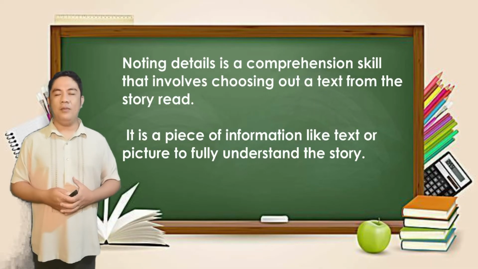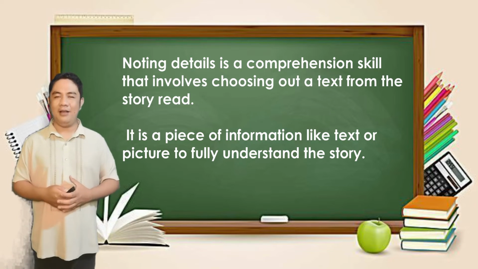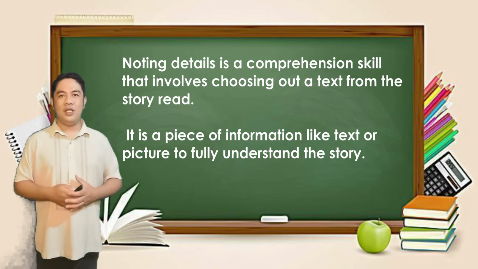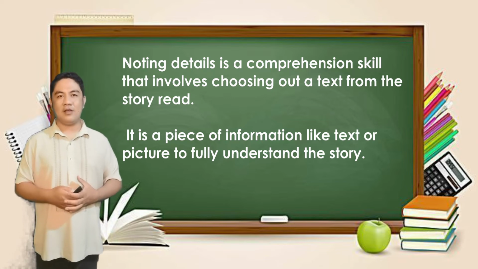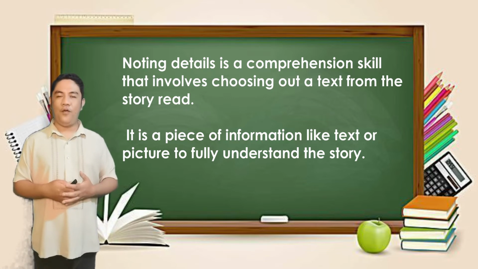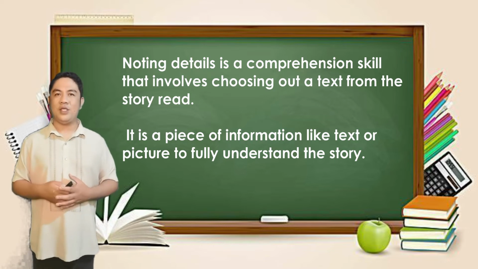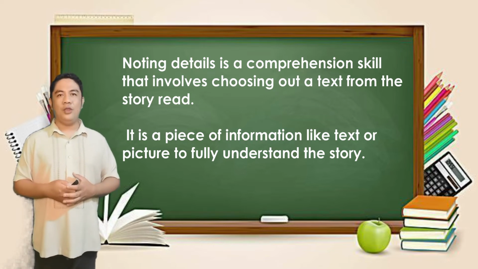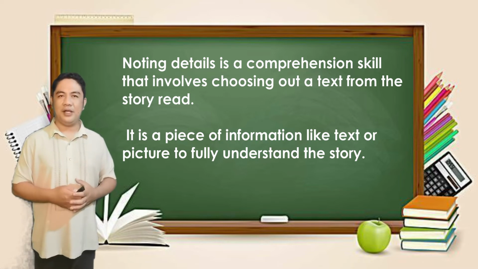When we speak of noting details, it's a comprehension skill that involves choosing out text from the story read. It is a piece of information, like text or picture, to fully understand the story. The question is, how do we know details regarding the character?